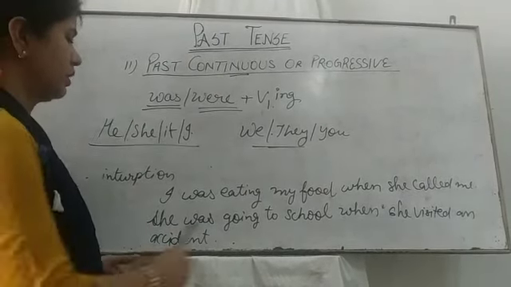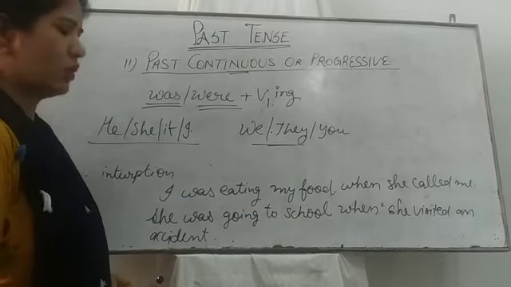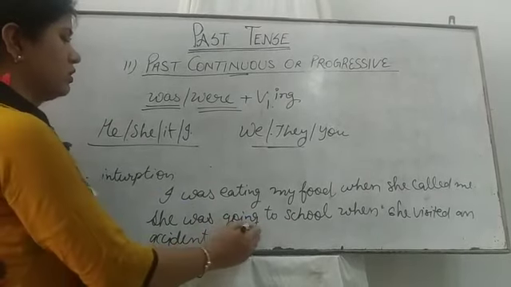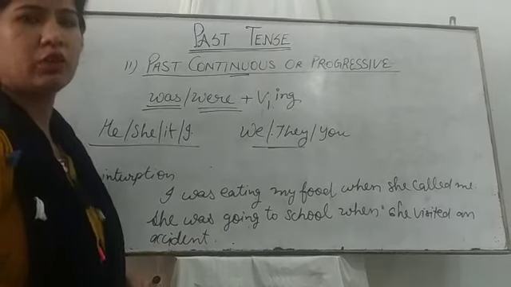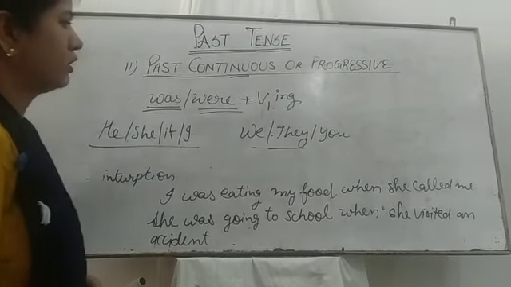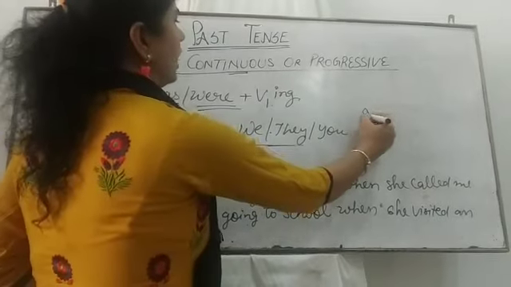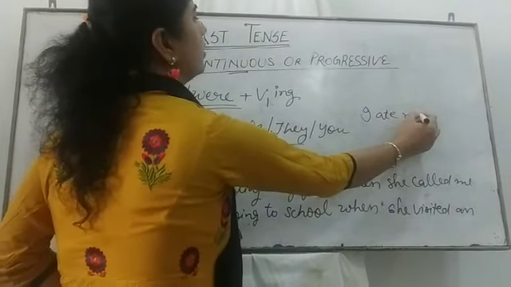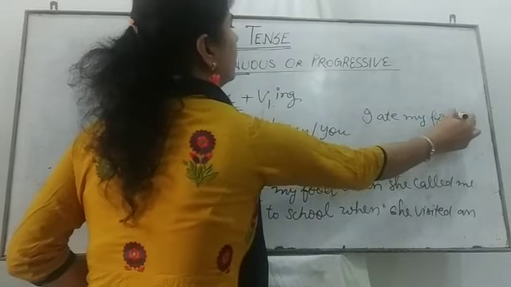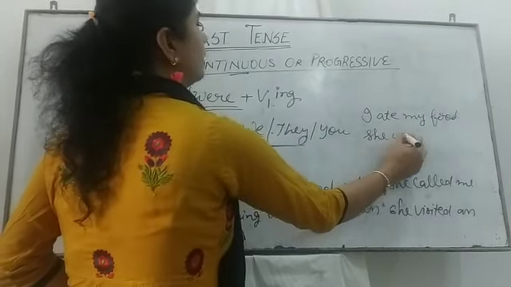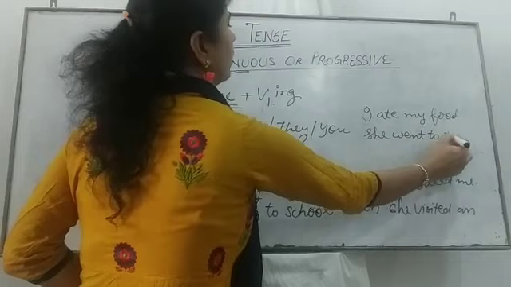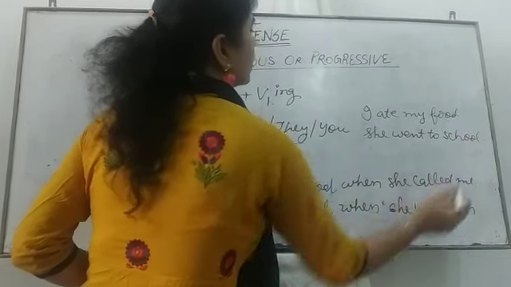Here is an interruption, that there was an accident when she was going to school. If there is no interruption, then we can use simple past also, that I ate my food, or she went to school. Alright?